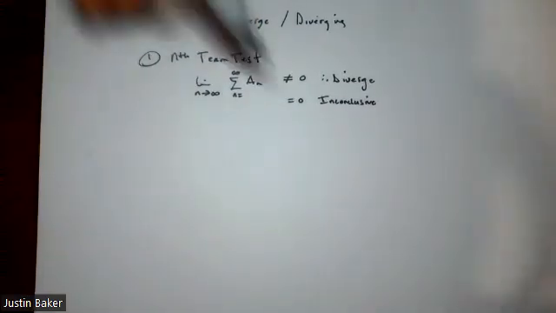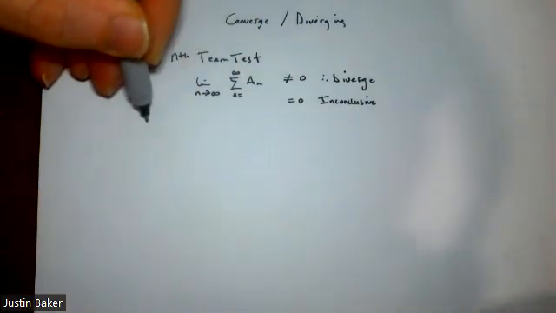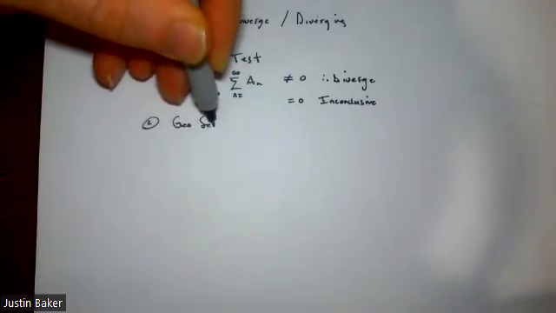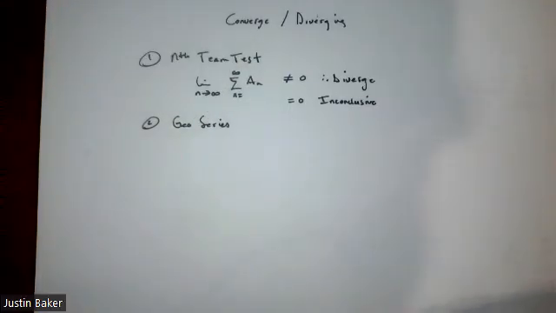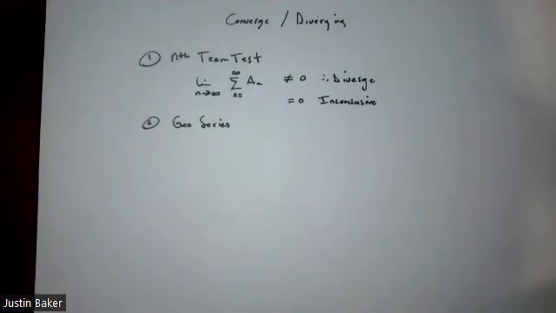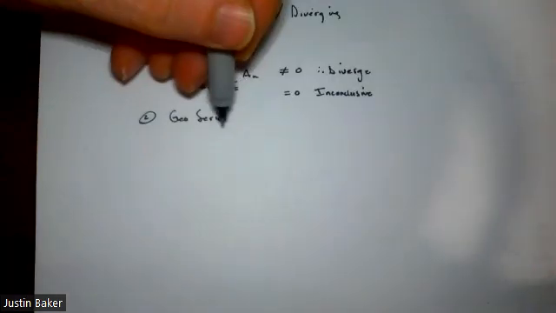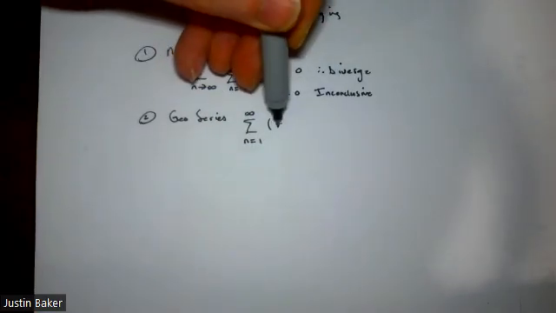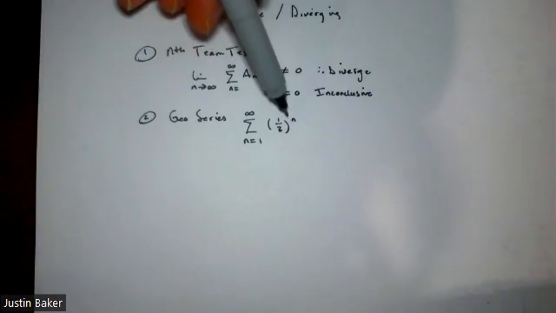Other things we looked at: is something a geometric series? Essentially a geometric series is a summation from n equals 1 to whatever, and then you have a fraction in parentheses, where the top and bottom get raised to a power.